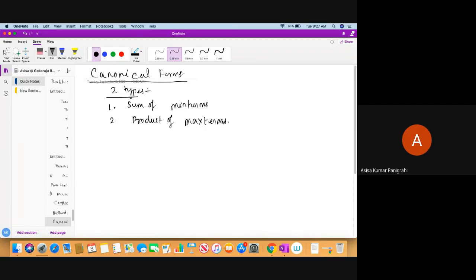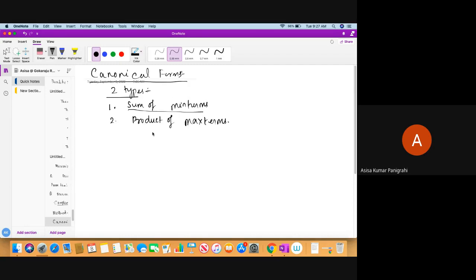Do you all understand, students, what are those things? How to express them is now the question, so I will give you some examples. Sum of min terms is nothing else but all the min terms finally summed.